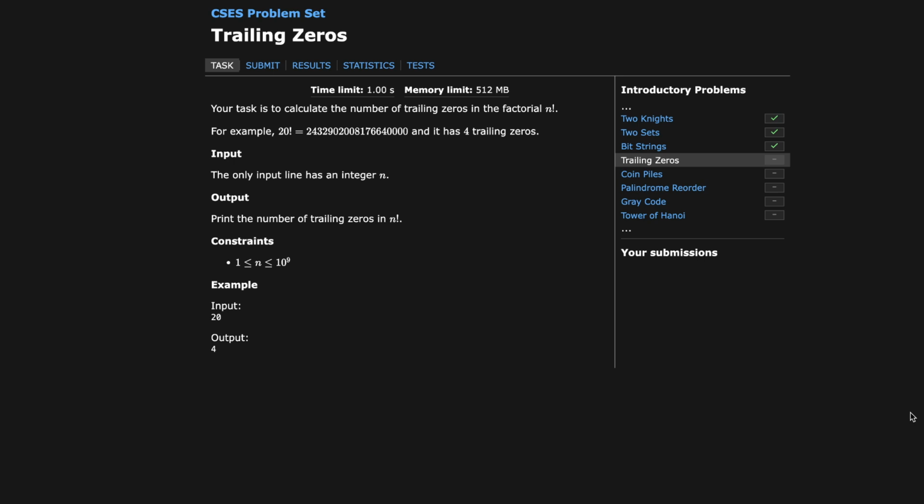But because 2 is a very common factor in a factorial n, and we also require these two numbers to be present at the same time, our problem is just to count the number of 5s that appear in the prime factorization of factorial n.